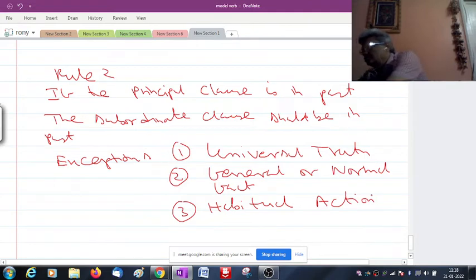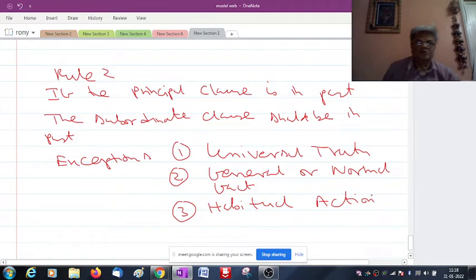This point is the most important point. Here I am saying, if the principal clause is in past, try to understand, means if the opening sentence is in past, the subordinate clause should be in past.